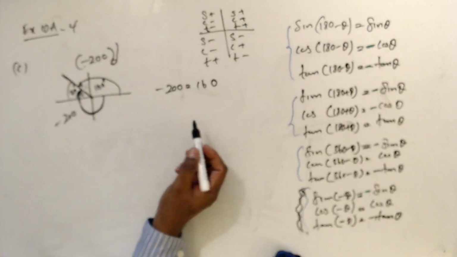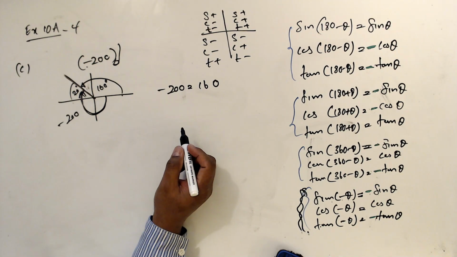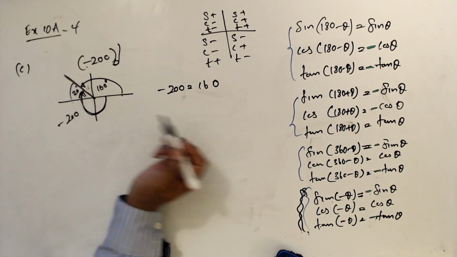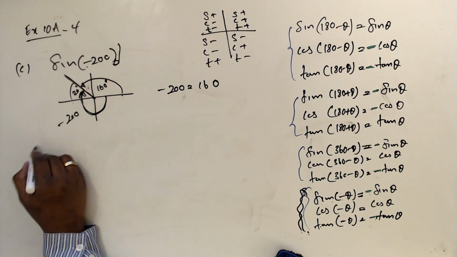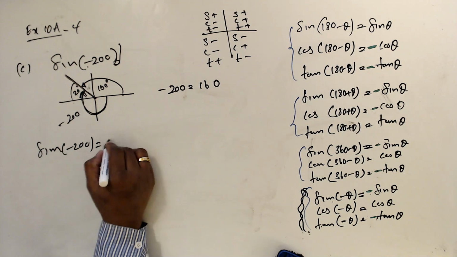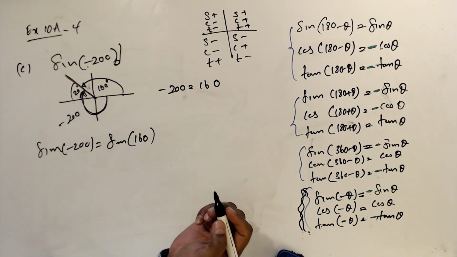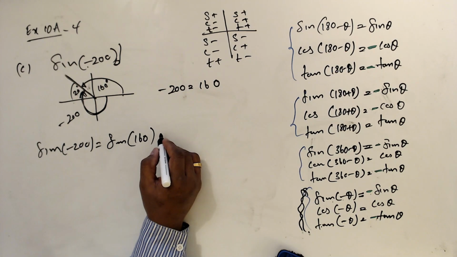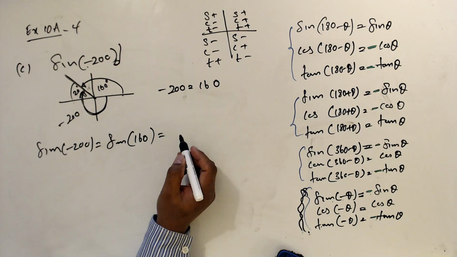Now what is the sum given? Sine. Then we know that sine is positive in this quadrant. So we want to find sine minus 200, and we write sine 160 instead of that. Sine 160 means we can write in terms of what?